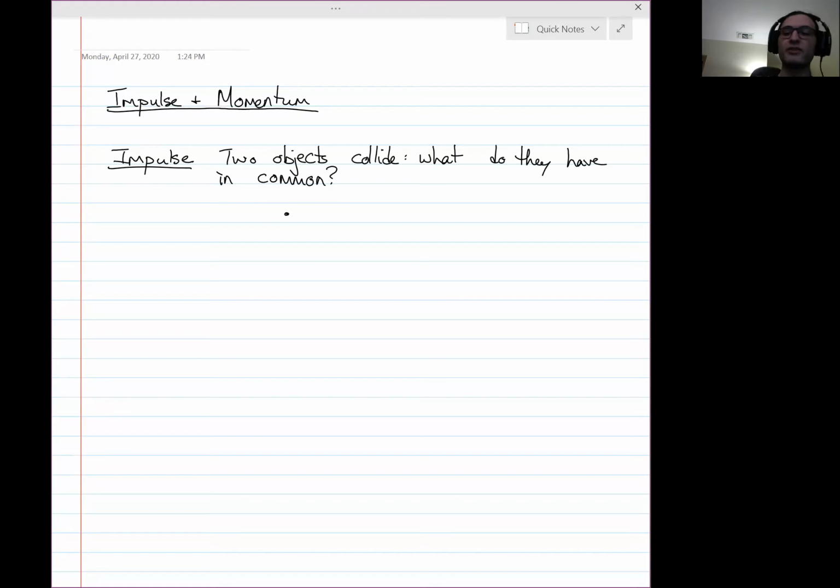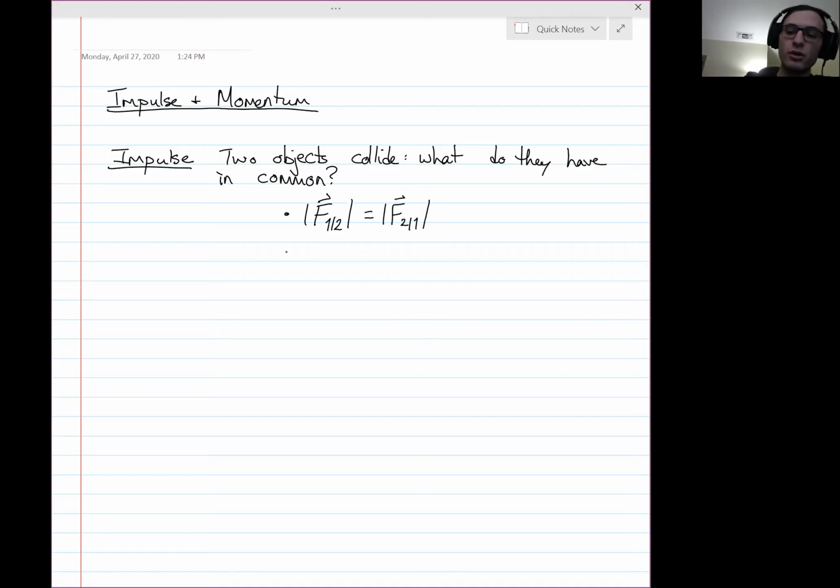We know that if two objects collide, one is going to push on the other, right? But by Newton's third law, the other is going to push back on the first with equal and opposite magnitude. So the force from 1 on 2 is equal in magnitude and opposite in direction to the force from 2 on 1. This is a statement of Newton's third law.